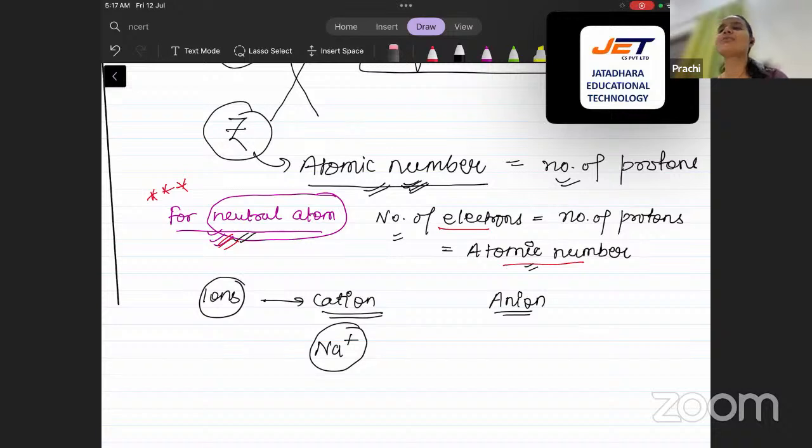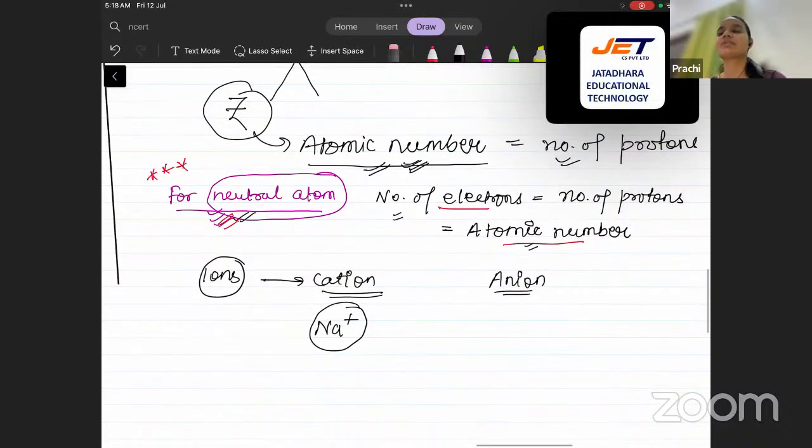You have to be very interactive today and constantly tell your answer in the chat box. So quickly tell me what will be the number of electrons for Na positive.